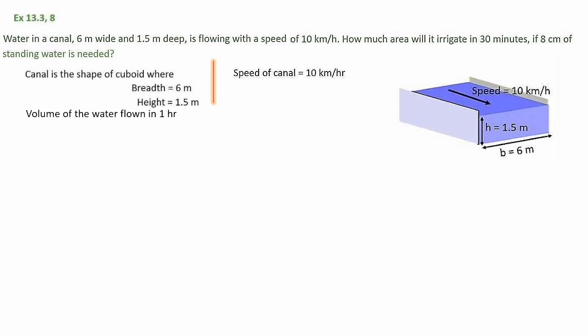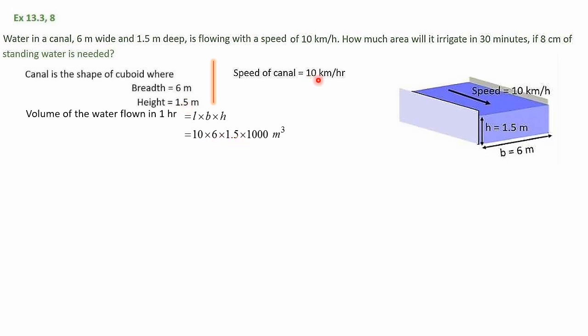So the volume of water flown in 1 hour will be equal to the volume of the cuboid, that is L into B into H. We are taking this as the volume of the cuboid because the water is in the shape of a cuboid. So L into B into H. We will substitute the values. Length, as I said before, is 10 km, breadth is 6 and height is 1.5. So 10 into 6 into 1.5.